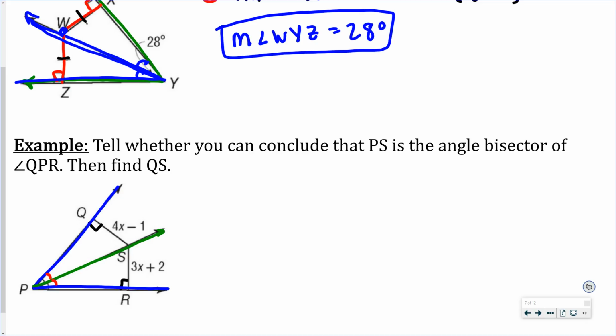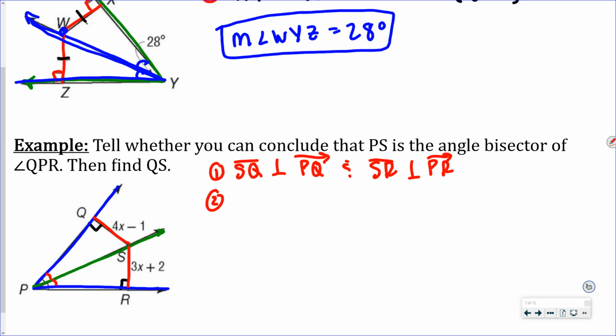And it's also showing me, if I'm looking at these distances, we're looking at the shortest. So both of those criteria are met. SQ is perpendicular to PQ, and SR is perpendicular to PR, ray PR.